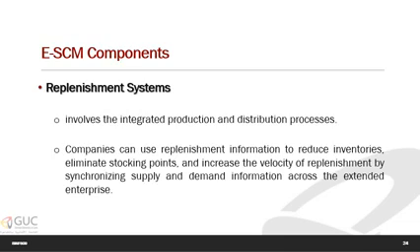Supply Chain Replenishment Systems include the integrated production and distribution processes. For example, CVS, a well-known drugstore chain, completely relies on its ESCM system to reduce inventory levels and to eliminate stocking points. CVS has 9 main warehouse facilities and 15 satellite facilities.